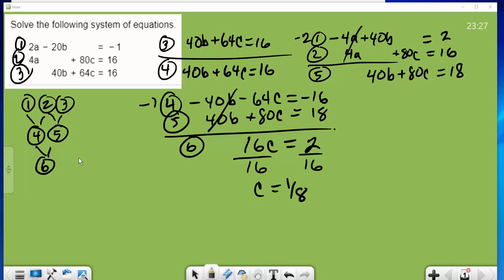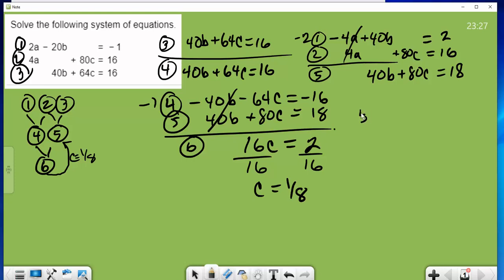Okay, so now I solved for C: it is 1/8. I'm going to plug the 1/8 into 4 or 5, whichever one looks easier. They're about the same. I guess it doesn't matter.